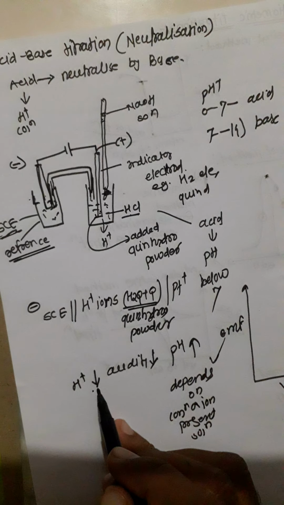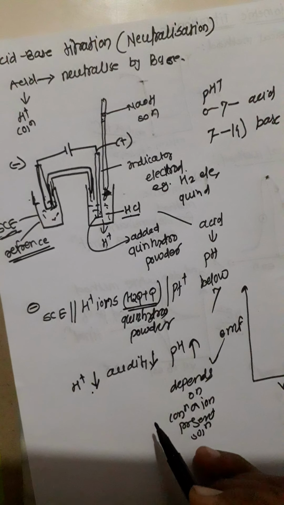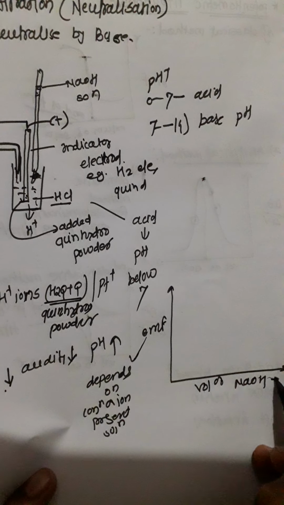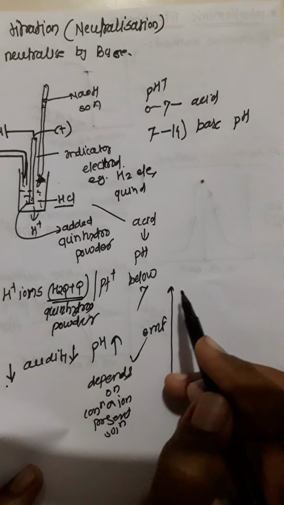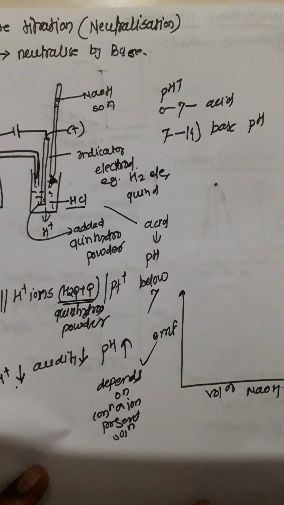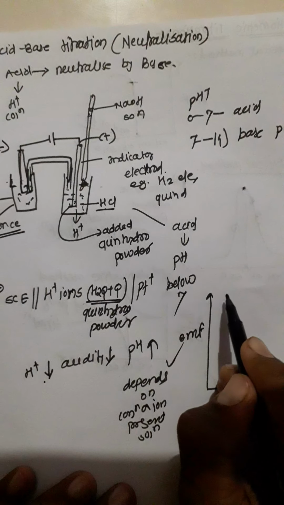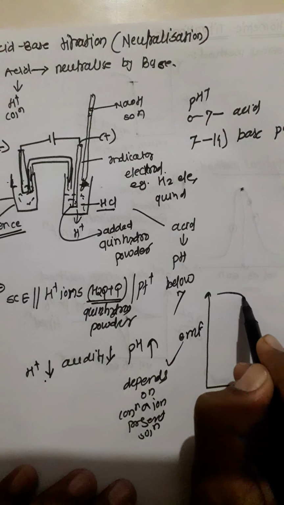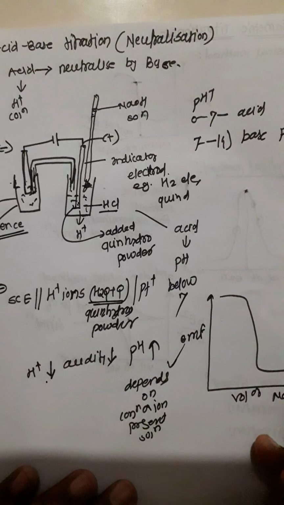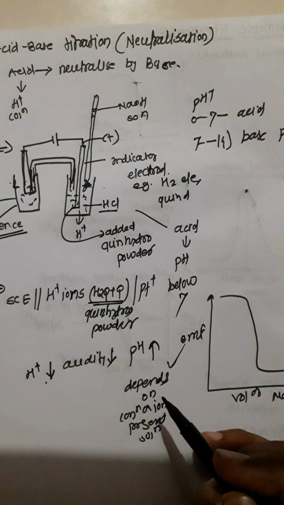Whenever H plus ions decrease, acidity decreases, and pH increases. In graphical representation, volume of NaOH is on the x-axis and EMF on the y-axis. H plus ions decrease means EMF decreases.